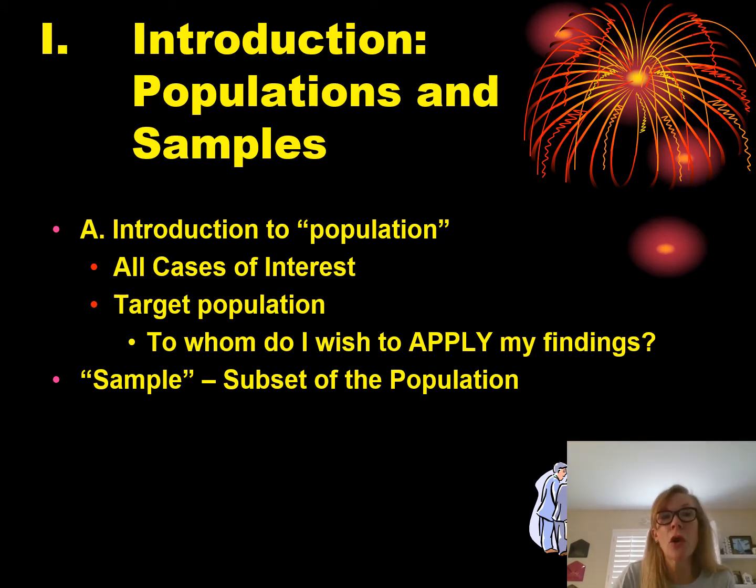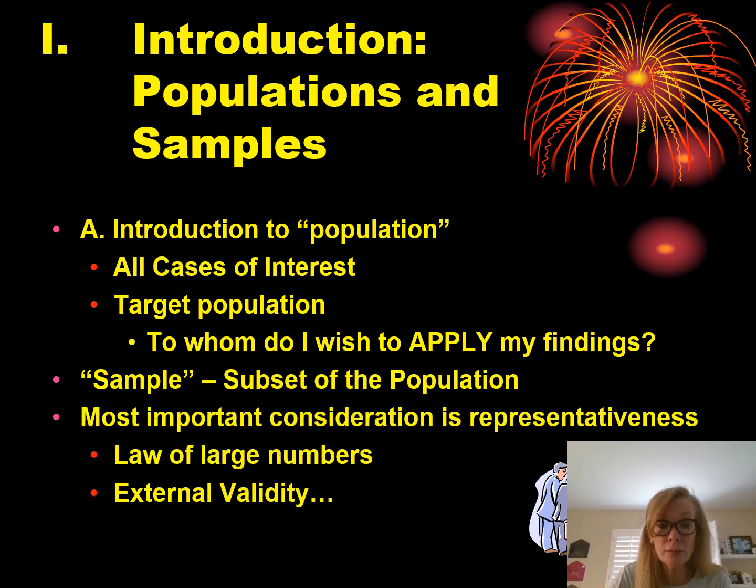Now again, there are advantages and disadvantages to each of these different situations that I think will become clear to you in the next couple of slides. The most important consideration when you're talking about the relationship between a population and a sample is representativeness.